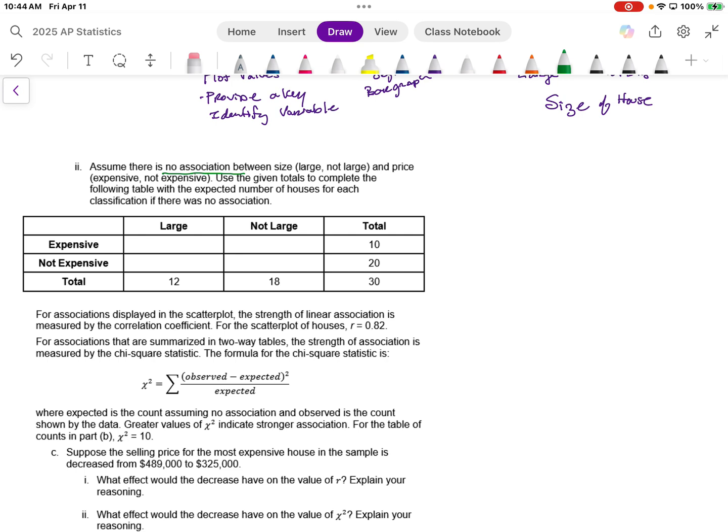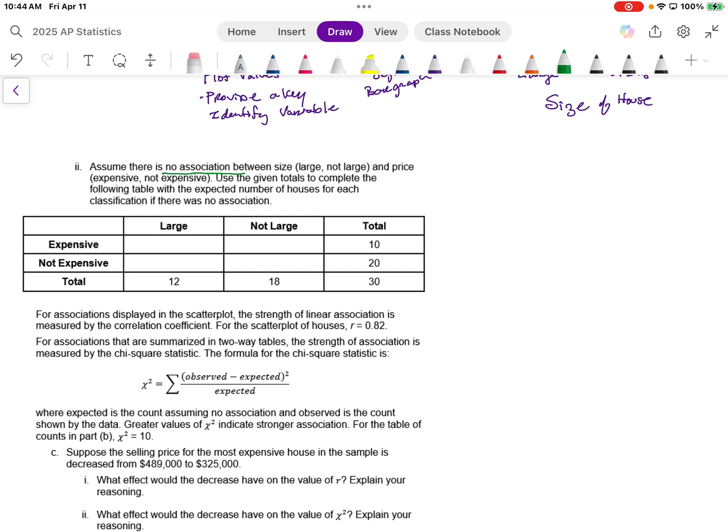So assume there's no association between size, such as large and not large, and price, expensive and not expensive. Use the given totals to complete the following table with the expected number of houses for each classification if there is no association. Now it matters how I divide and set it up.